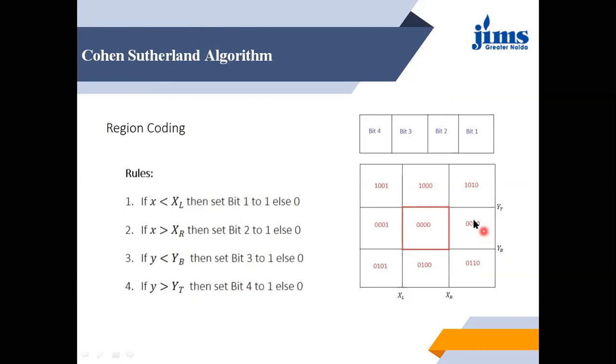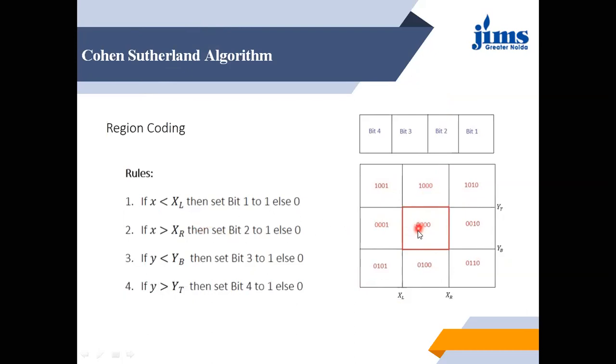Whatever region codes we are writing here are with respect to the window. The region code of the window itself is 0000.